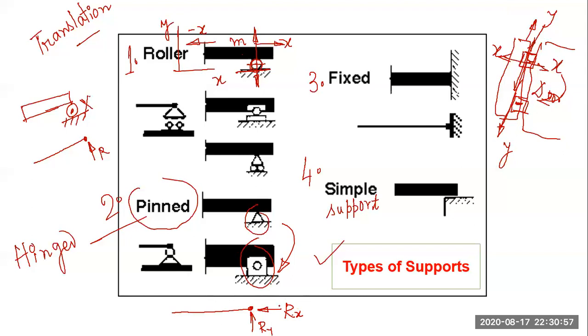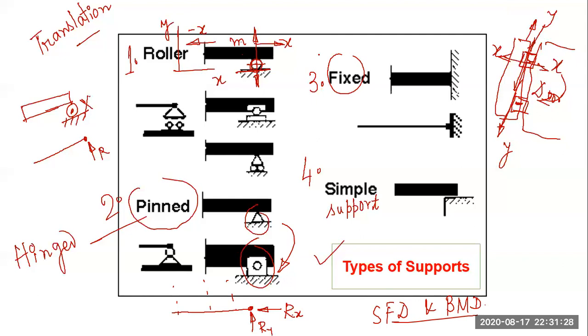But this Ry we cannot tell, because it depends on the other vertical forces in the beam. This will be cleared in the chapter shear force diagram and bending moment diagram. This chapter will be taught by ASM sir, Arundam sir.